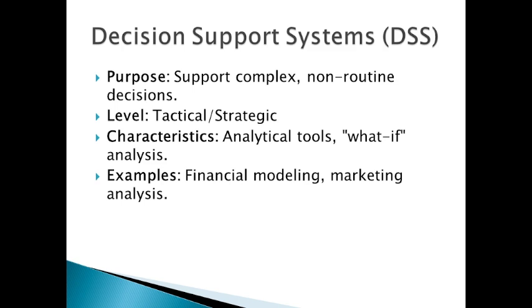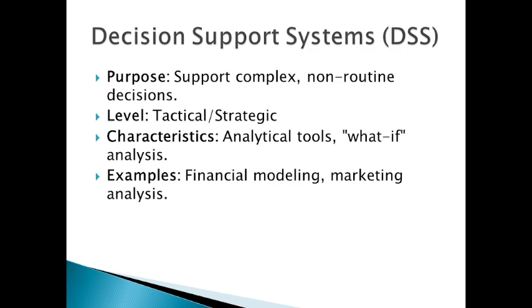Number 3, we have the decision support systems category. Now, the DSS go beyond simple reporting and provide tools for analysis and modeling to support complex and non-routine decisions. The purpose is to help managers make better decisions by providing analytical capabilities for what-if scenarios.